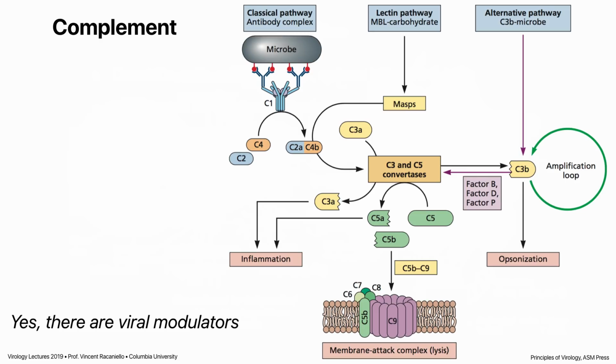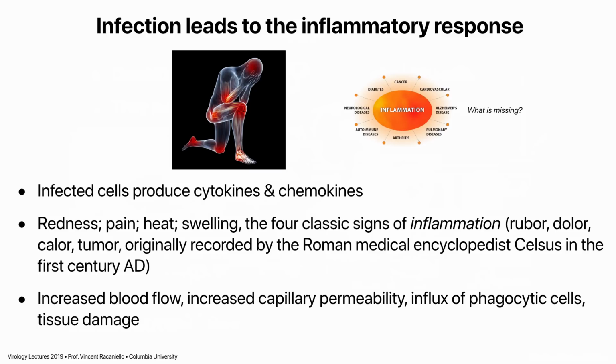And of course, yes, there are viral modulators of complement. So what we've painted so far is a picture of virus infection leading to what we call the inflammatory response, the production of cytokines that cause inflammation. So what is inflammation? Well, if you go online and look it up, you get pictures like this, which say that inflammation is part of many different diseases like cancer, heart disease, Alzheimer's, pulmonary disease, arthritis, autoimmune and neurological disease, diabetes.